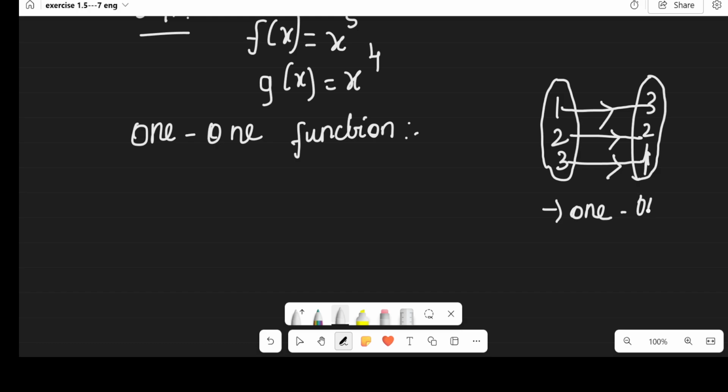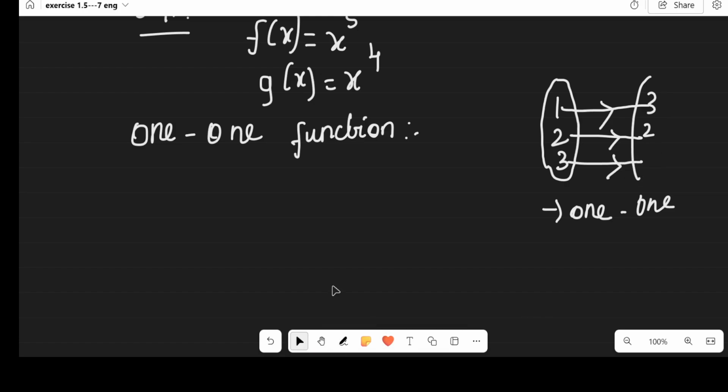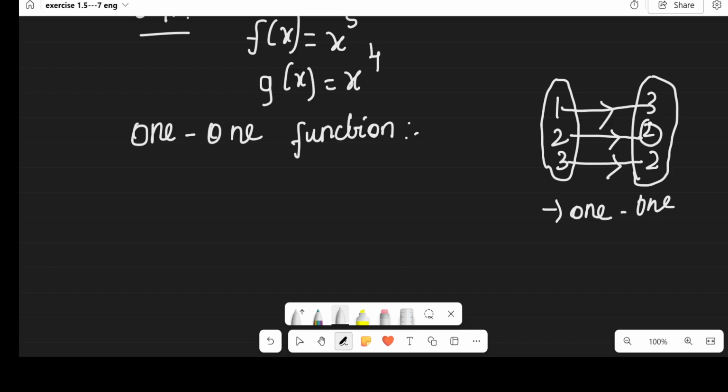Suppose here also we are getting output 2 for input 3. Already we have one output as 2, and again we are getting 2 for input 3.